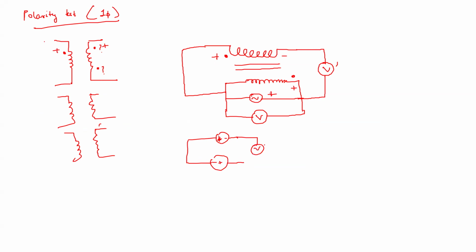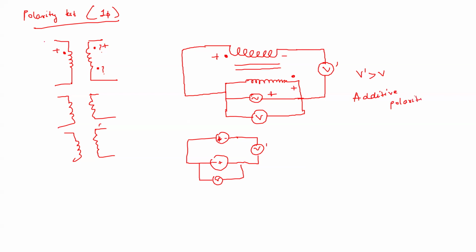So this V dash, which is connected in the series combination, will become more than the individual voltmeter reading V if they are additive. It is like a cascade kind of addition, so this is an additive polarity.